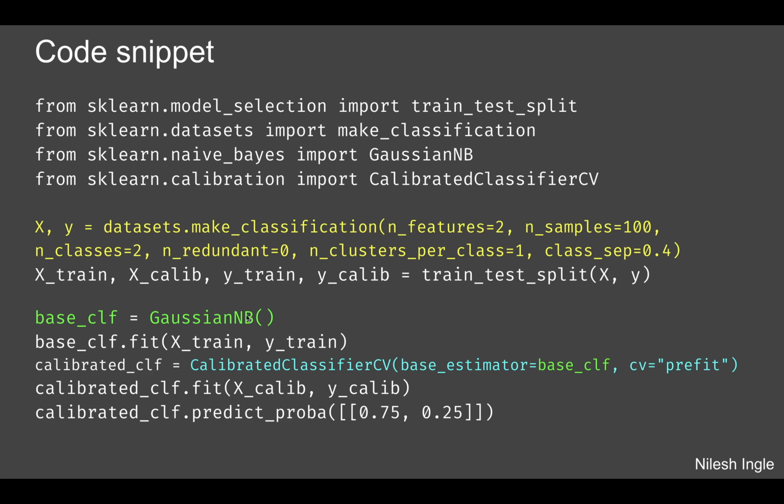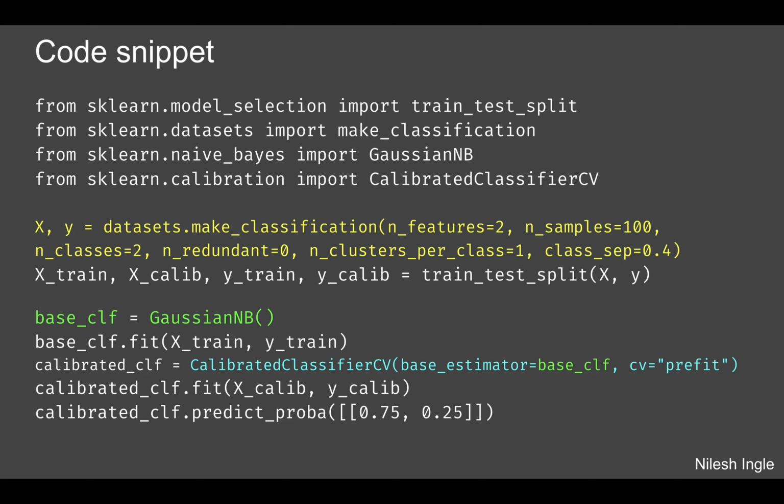Then we initialize a base classifier, GaussianNB, naive Bayes, and then we fit it on the train set and use this fitted model within the CalibratedClassifierCV as a base estimator. If we are using a pre-fitted model, then we need to specify cv equal to "prefit" in quotes. That gives us a calibrated model, which we can then use to predict probabilities on a new unseen data set, such as shown here by 0.75 and 0.25.